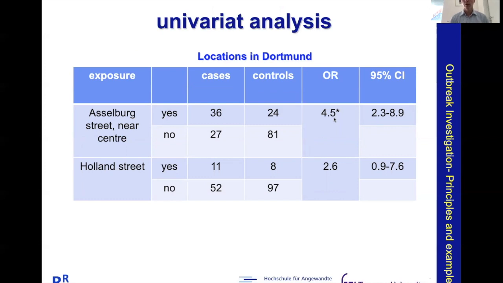So cases were 4.5 times more likely to visit Asselburg Street than controls, with a confidence interval not including the 1, thus clearly indicating, hey, we have a risk factor. Being around there was a risk factor. Holland Street was a bit increased, but also not statistically significant.